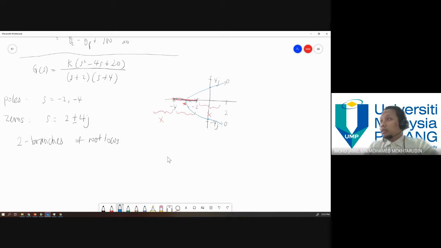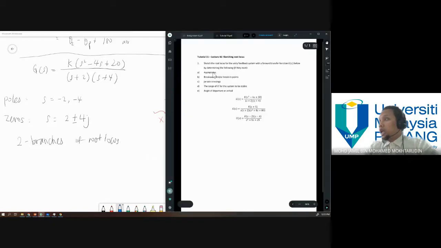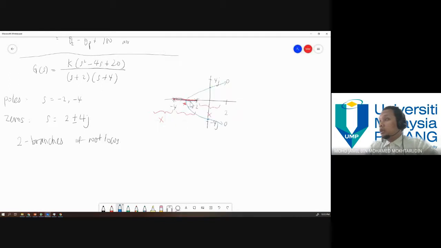But let's continue. The next thing that you need to calculate is the asymptote. In this root locus, with this kind of shape and breakaway point here, there is no asymptote. There is no asymptote for this kind of root locus, so you don't have to find the asymptote.